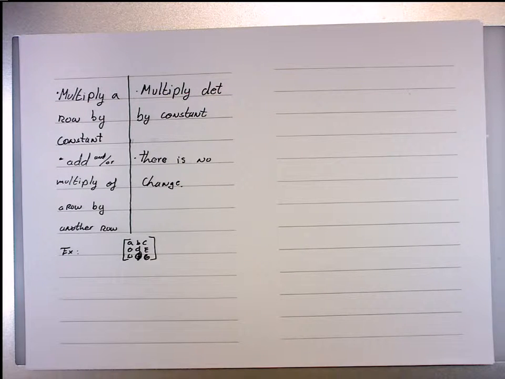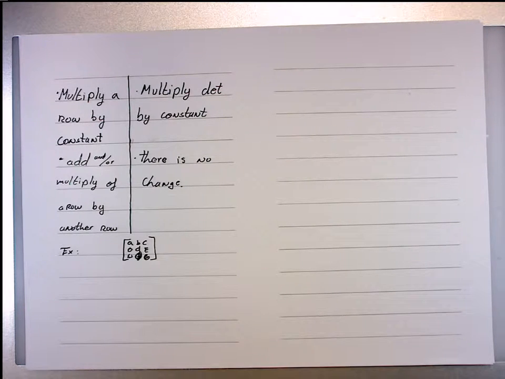That's why the elementary operations are important: you can take any matrix and keep getting zeros, and then you get the determinant. It will help for any size matrix.